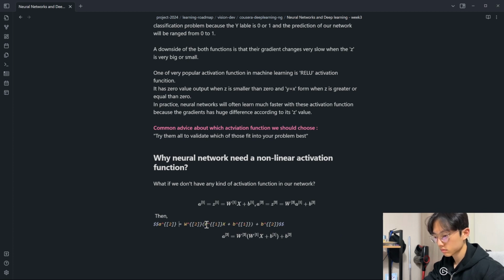If you were to use linear activation functions, or we could also call them identity activation functions, then the neural network is just outputting a linear function.